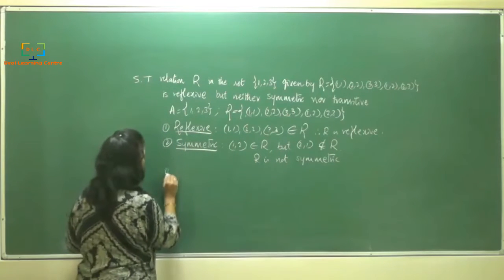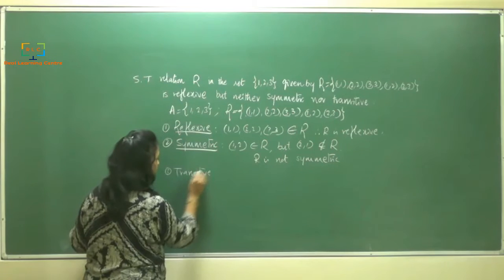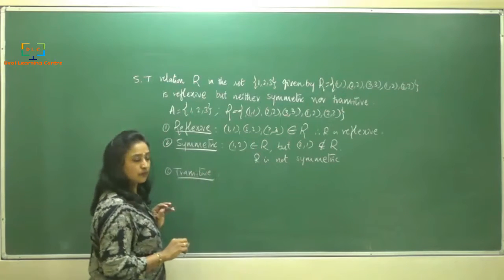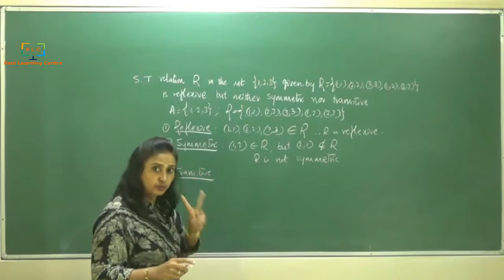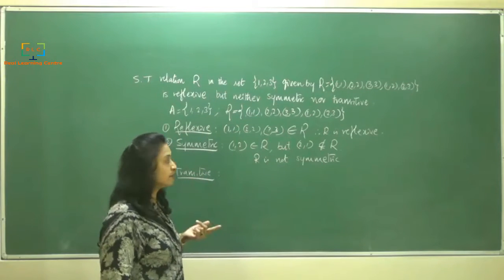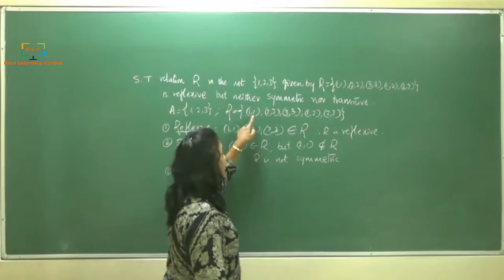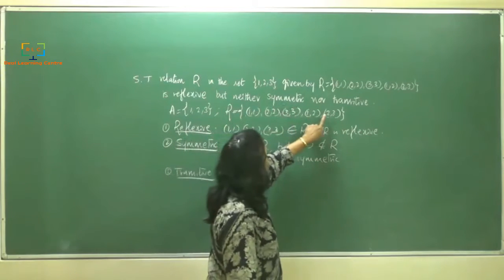Next, I'll go to third one, that is transitive relation. For transitive, I should have the third pair for every 2 consecutive pairs. That is for (a,b), (b,c), you should have (a,c). Let us check. Again, I need not check for (1,1), (2,2), (3,3). Keep them aside. I have (1,2), (2,3).